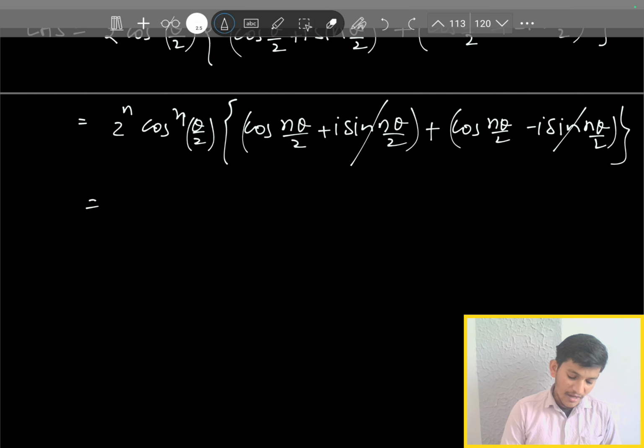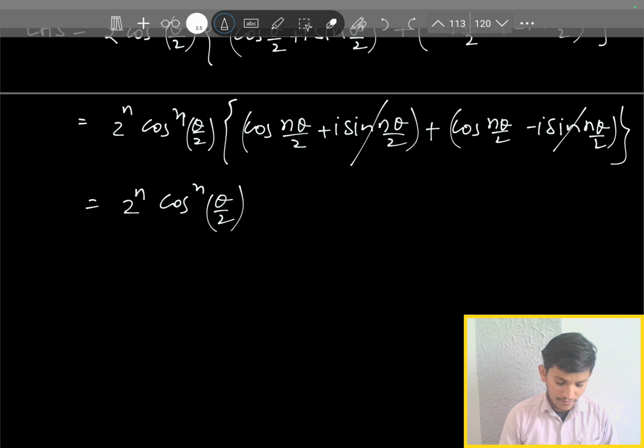So plus i sine n theta by 2 and minus i sine n theta by 2 cancel out.